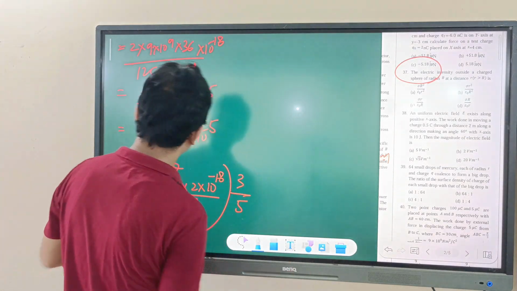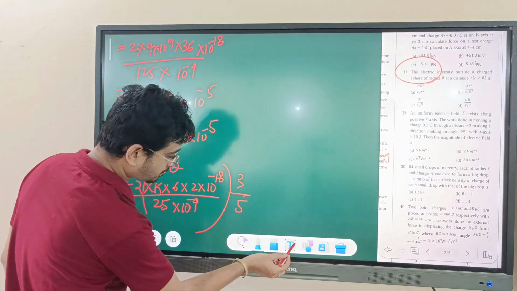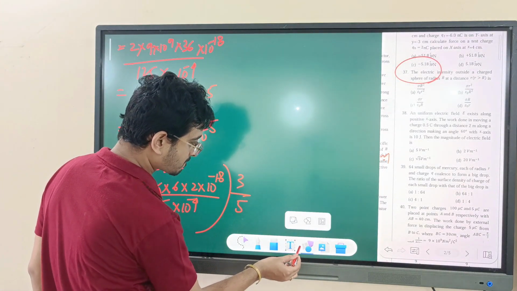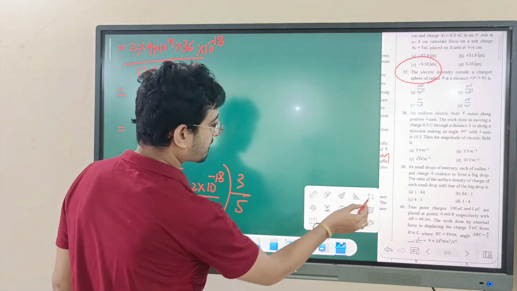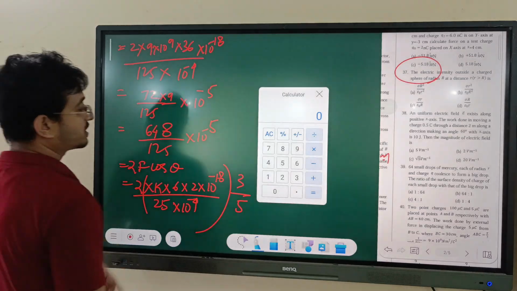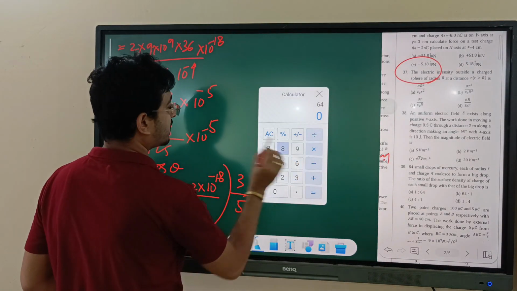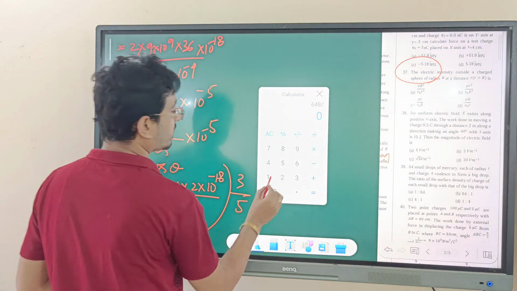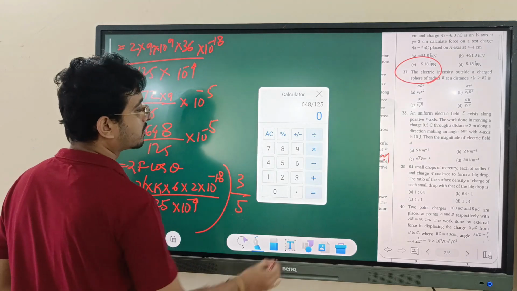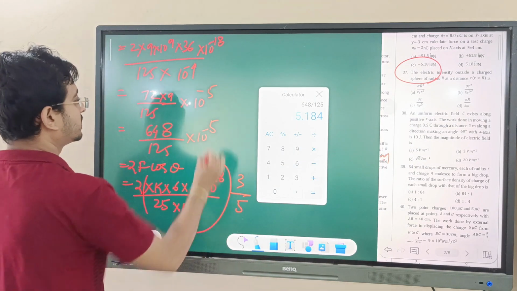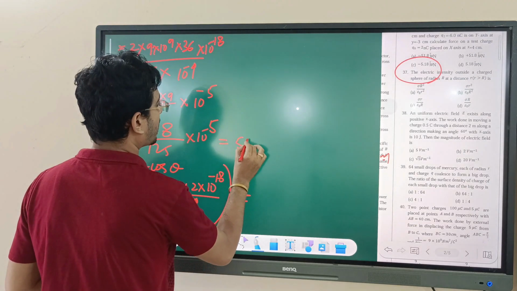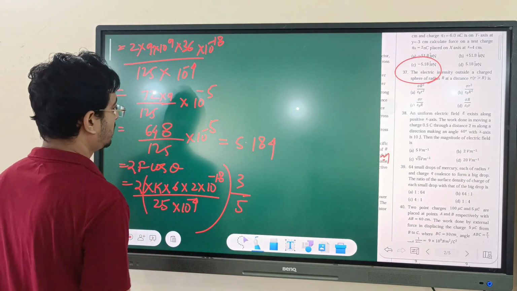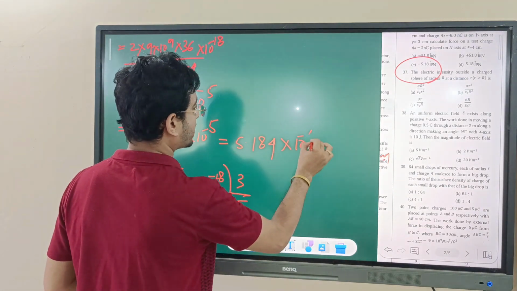I am using a calculator because this multiplication will take time. 648 divided by 125 is equal to 5.184, into 10 to the power minus 5.